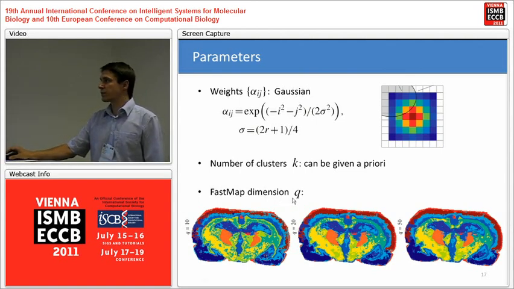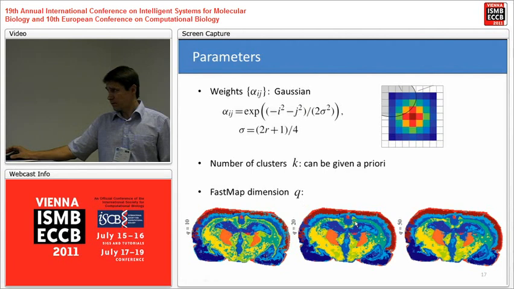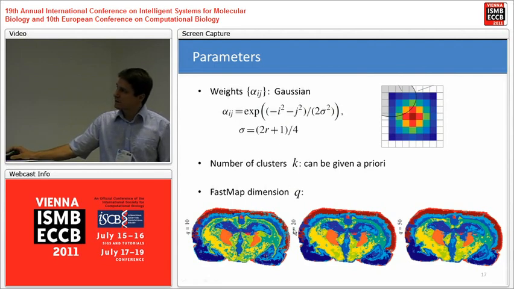Then we have a more tricky parameter, this FastMap dimension q. Unfortunately, there is no theory about it. But fortunately, it does not influence the results too much. Here are the segmentation maps produced with this algorithm for different q. Do you see the differences here? Yes. Where? Between which and which? Probably here and here.